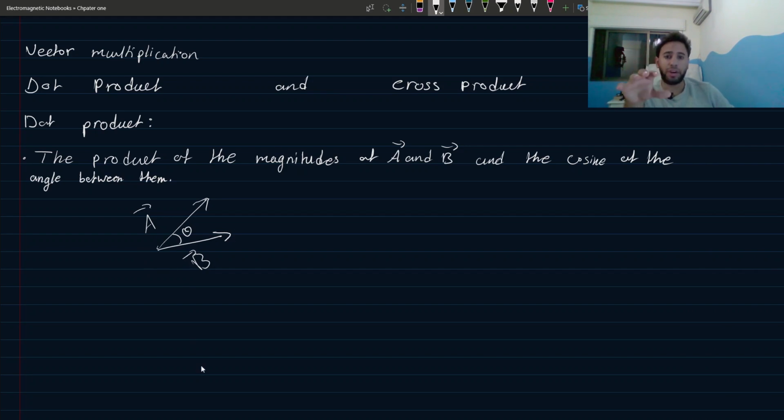Now, the dot product says, if we take the magnitude of vector A and the magnitude of vector B, multiply them together, and multiply by the cosine of the angle between A and B, we get what is called the dot product, often expressed as A dot B.